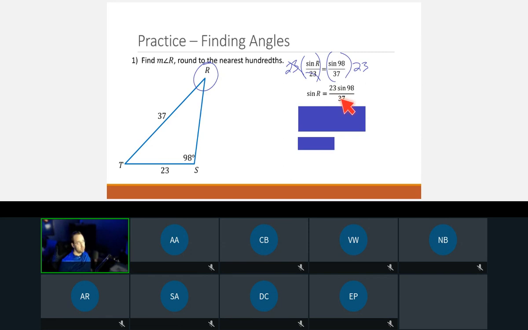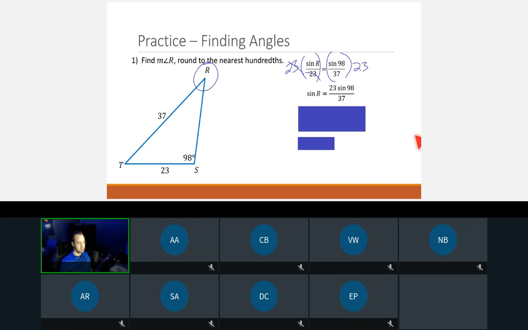Now, 23 over 37, if these two numbers were able to simplify, like if that was 10 and that was 4, then yeah, you could reduce 10 and 4, but 23 and 37, you can't reduce them. I think they're both prime. So we don't want to type any of that stuff in yet. Remember, rounding work is bad.